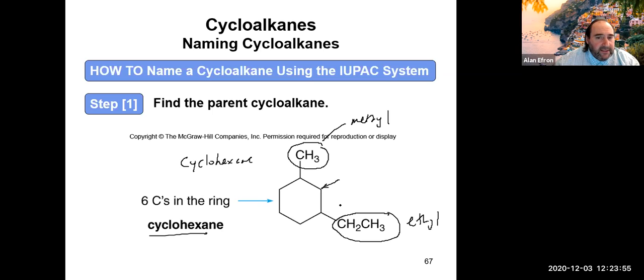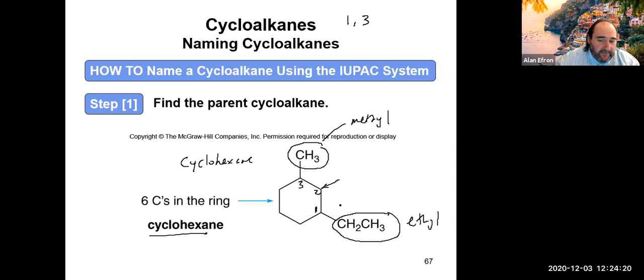But because there are multiple groups, we do want to number. And since ethyl should come before methyl here alphabetically, we have 2 options as to how we could number this. We could start at the ethyl and go counterclockwise, and that would give us the ethyl at carbon 1 and our methyl at carbon 3.